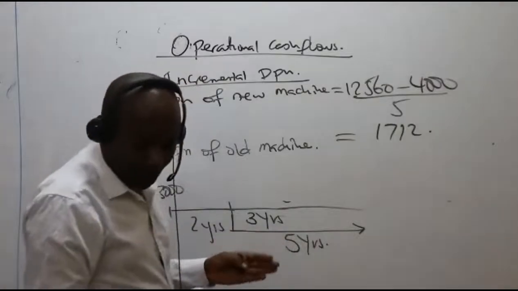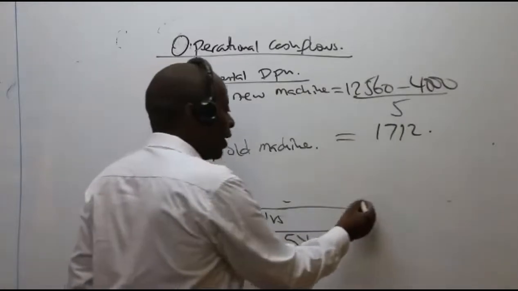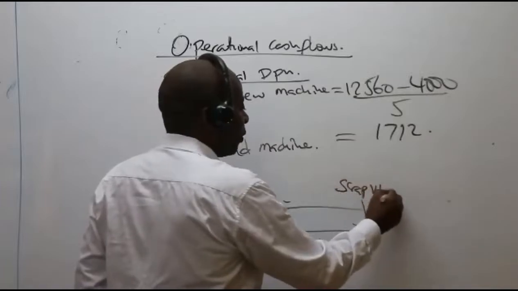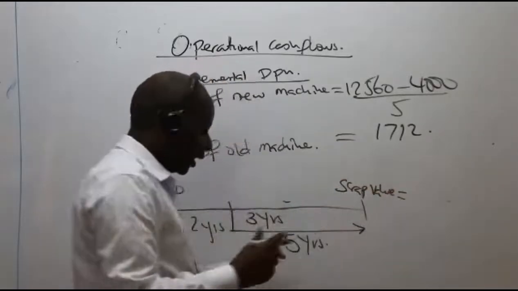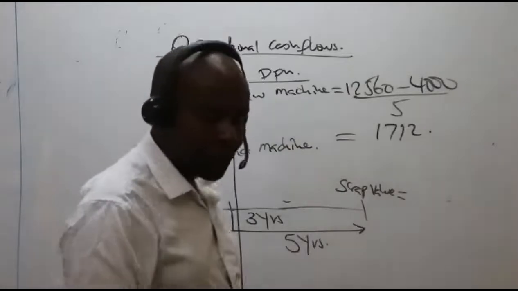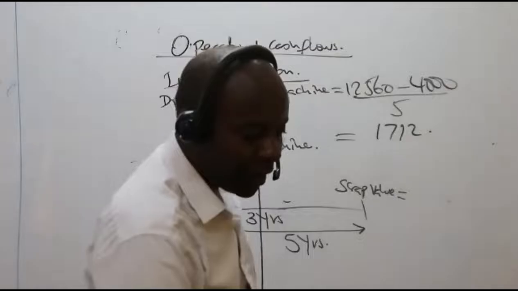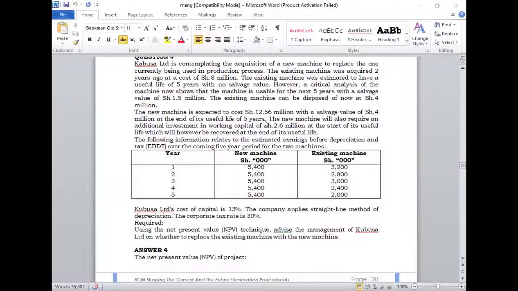They have given us the scrap value for the old machine after elongating the period. What are they telling us? A critical analysis of the machine now shows that the machine is usable for the next 5 years with a salvage value of 1,500.